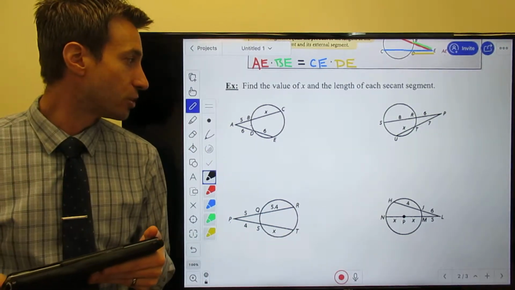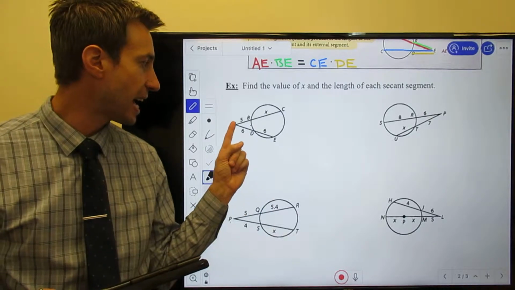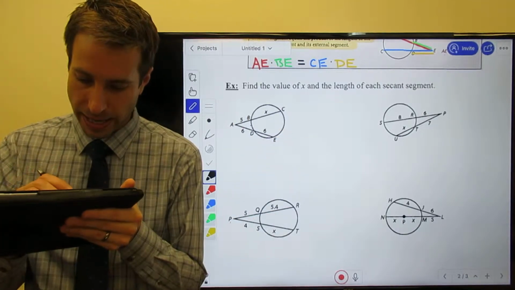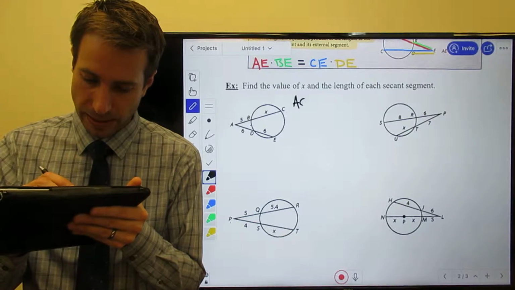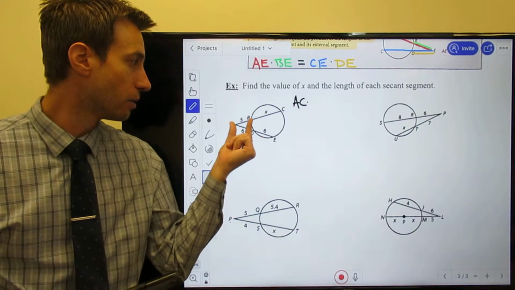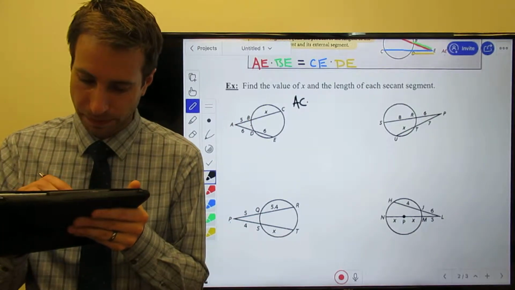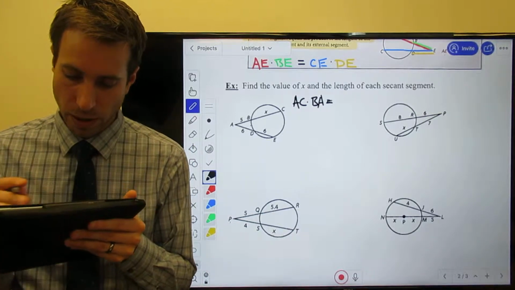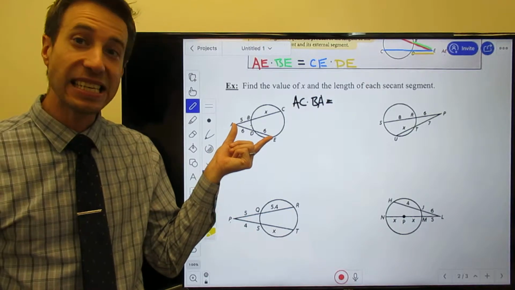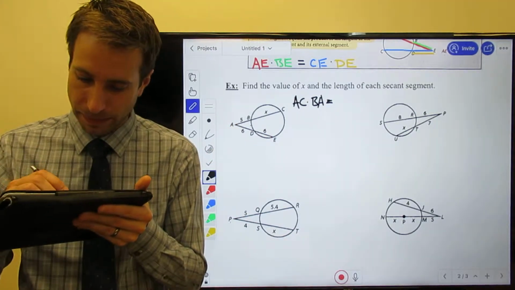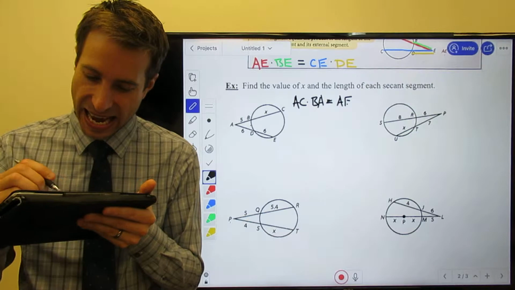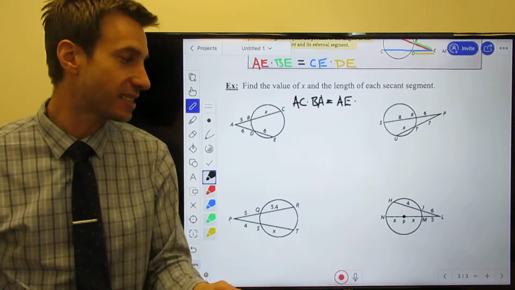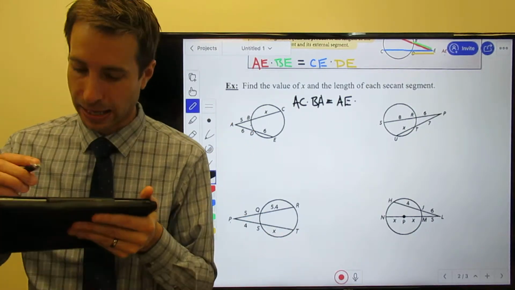Here we go. I have two secant segments. I have the secant segment AC, so AC times its external BA has to be equal to my other secant segment, which is AE, multiplied by its external AD.